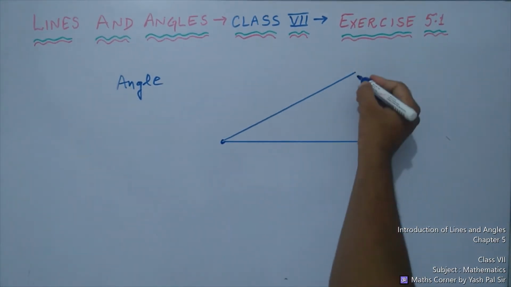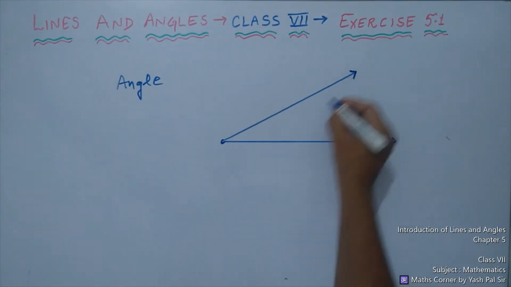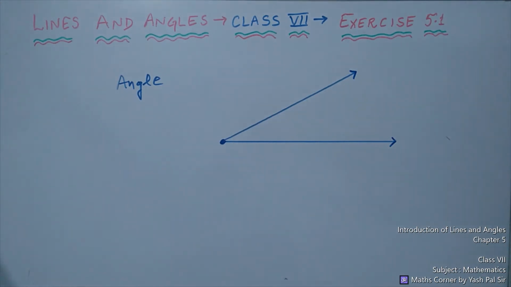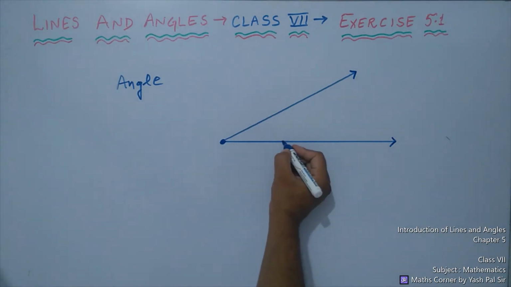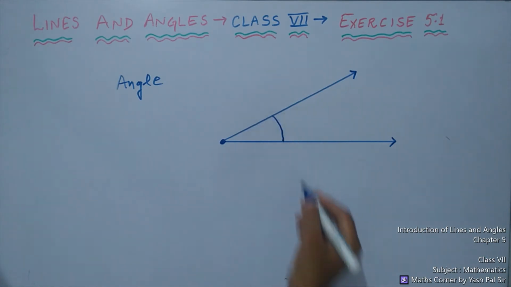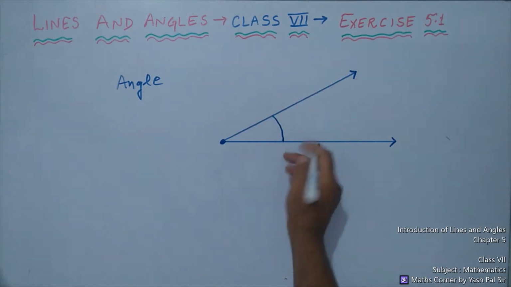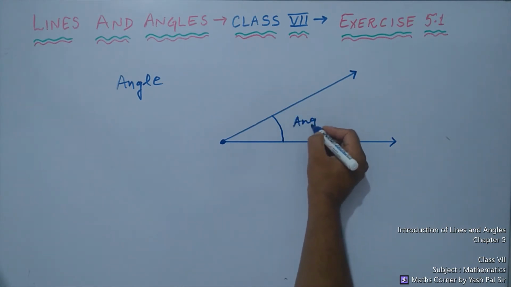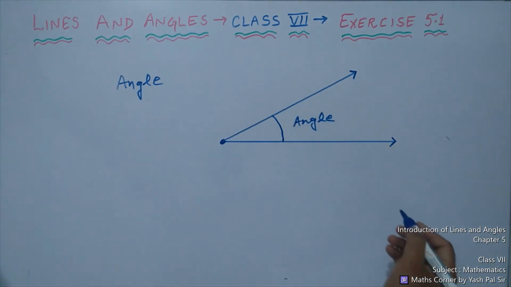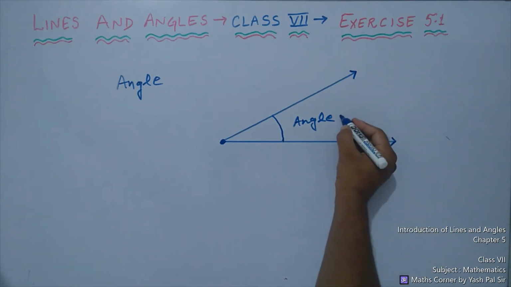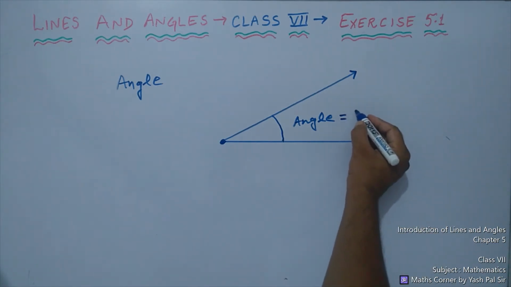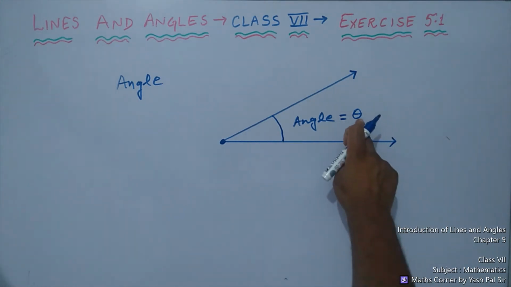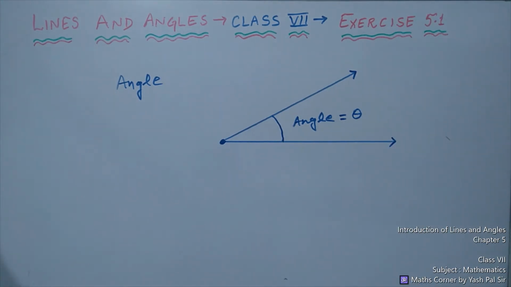The second ray also passes through the same initial point. Now, this opening between the two rays is called an angle. Often we denote this angle by theta. This symbol is called theta.